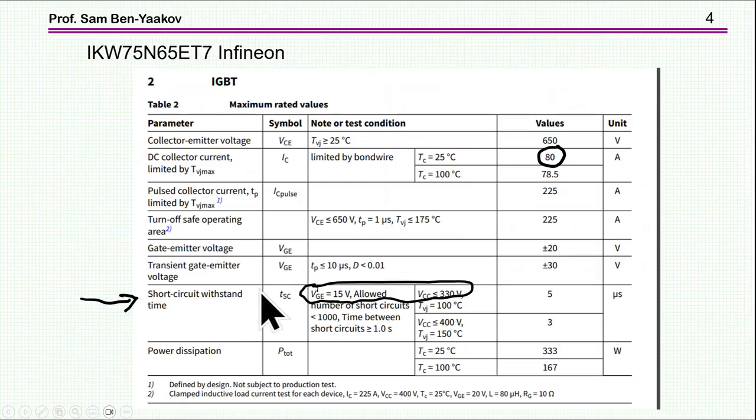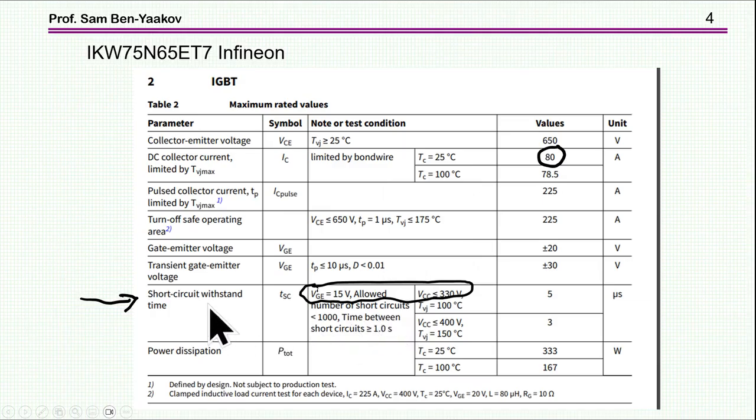So let me show here part of a data sheet of an IGBT. It's an Infineon IGBT. It's specified at a certain DC current, which just gives us the current level of this device. It is very important to realize that IGBTs are very robust devices.